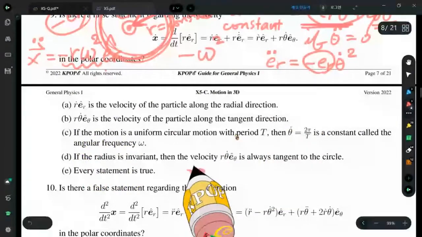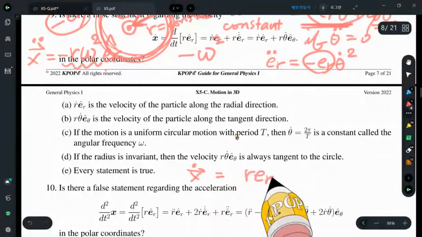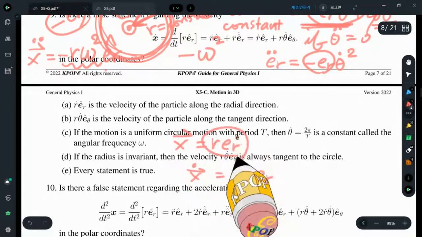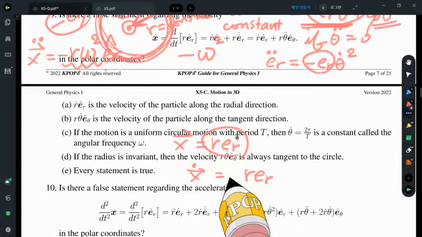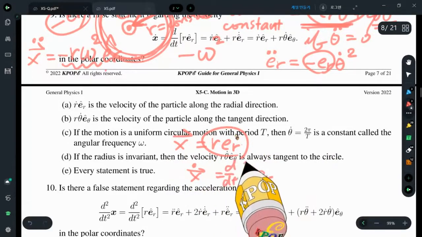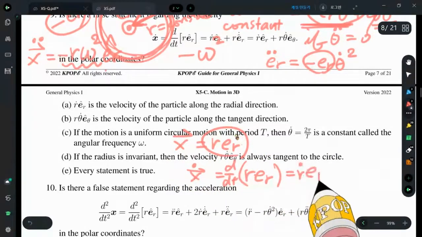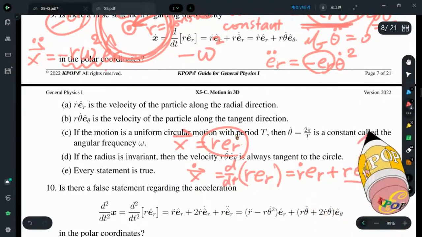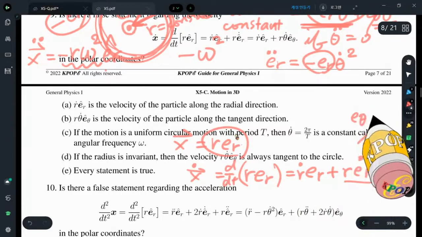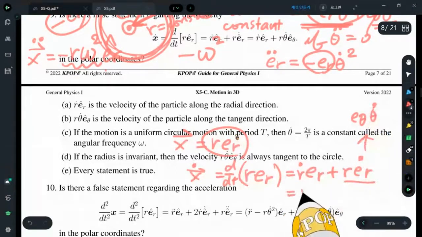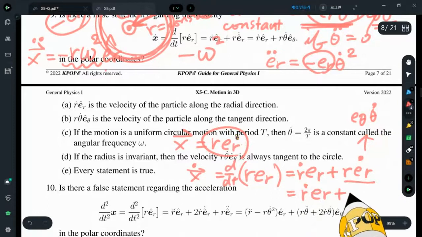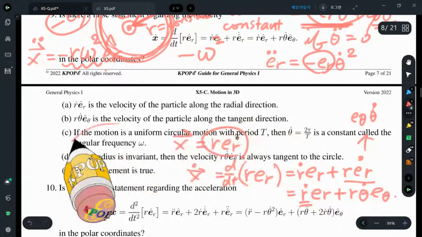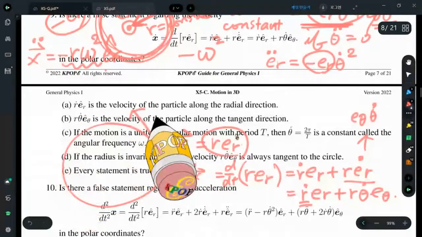So x equals r times e_r, the radial direction. And its time derivative, that is r dot e_r plus r e_r dot. e_r dot equals e_theta theta dot. So r dot e_r plus r theta dot e_theta. Aha. Circular motion, tangent.